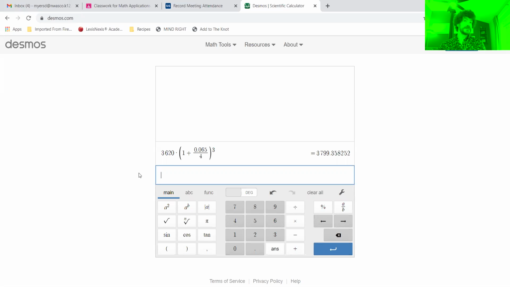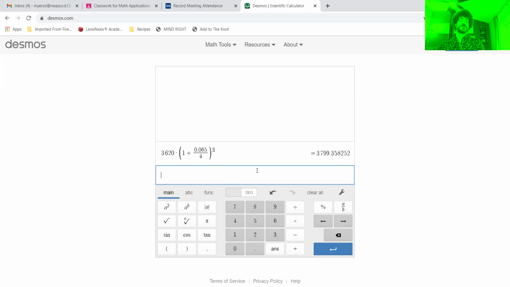So that's our answer right there. Basically just making the calculator do the work for us. So we get $3,799.36. Now, because this gives us the amount, it doesn't actually give us the amount of interest that was earned.